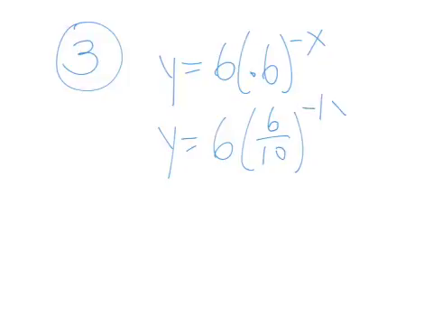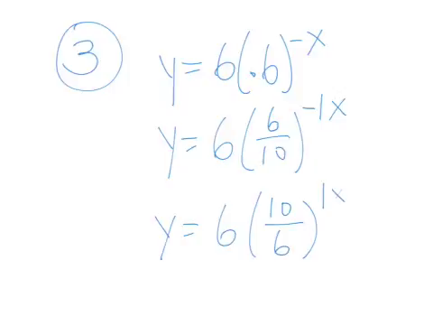However, with a negative exponent of negative 1, what I would do algebraically is swap the 10 and the 6, and now my exponent is a positive 1x. Therefore, now I've located my base, which is 10/6, which obviously makes b a value greater than 1. Therefore, this would be an exponential growth function.